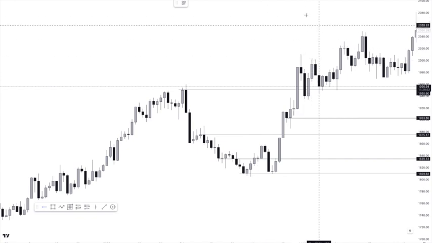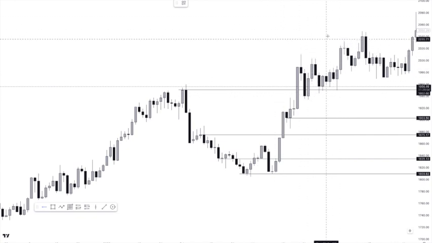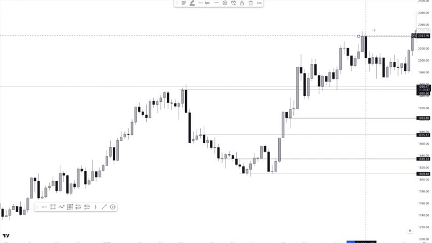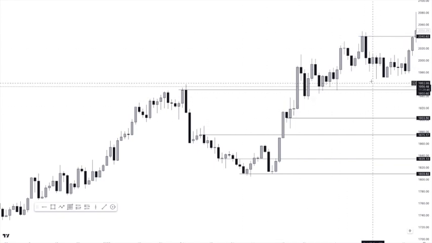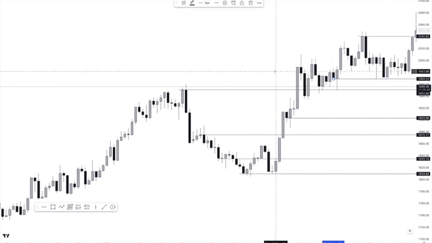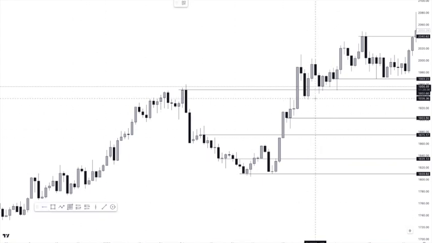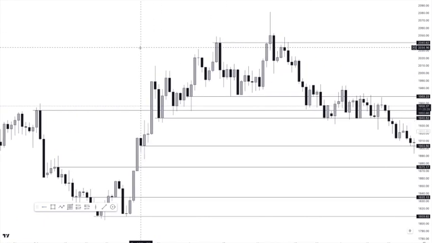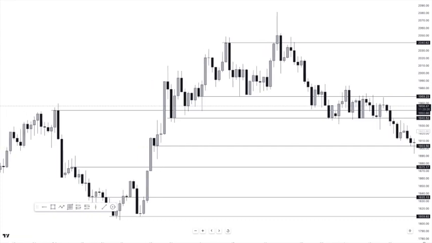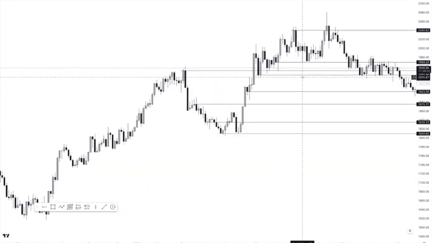Okay, and we have here also. Here it is congested in this area, but it doesn't matter. Let's go. We have here also. Okay, now we just have to look at how price reacts in these areas.